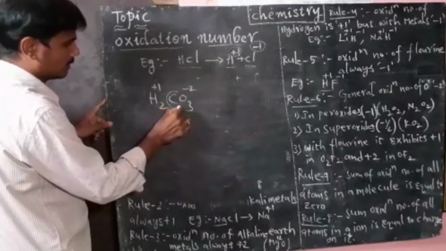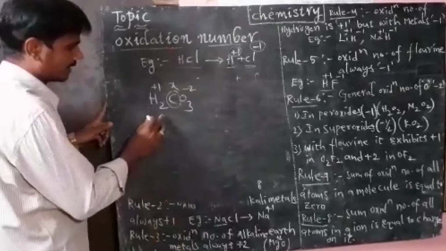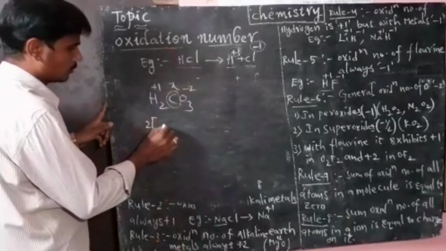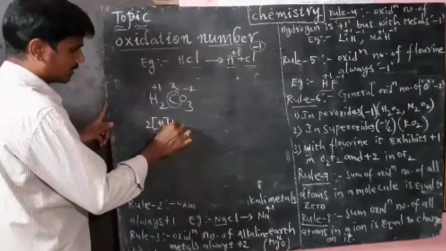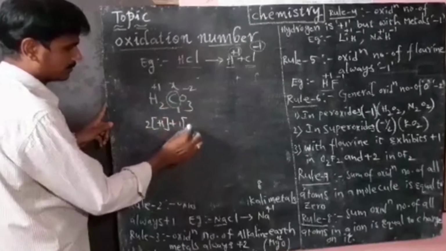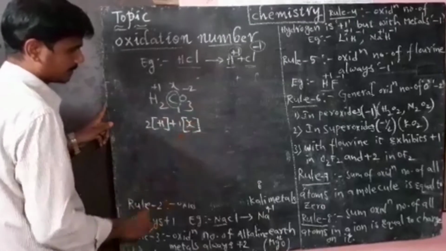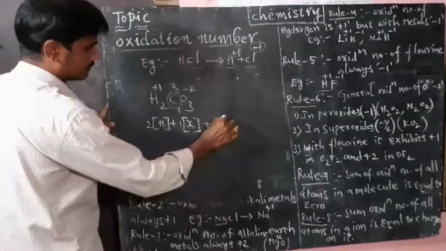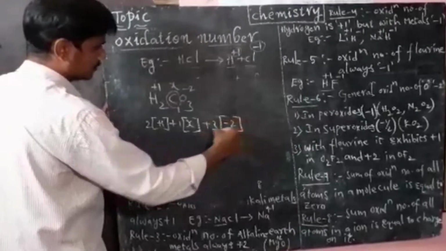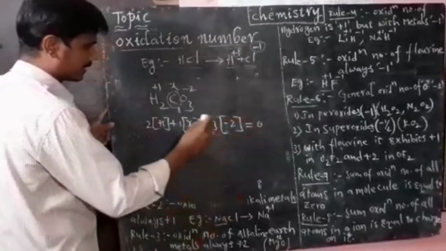I don't know the carbon oxidation number, so I can write 2 into hydrogen, 1 into X for carbon, as the subscript we should consider 1, plus 3 into -2. That is a neutral molecule, so it should always equal 0.